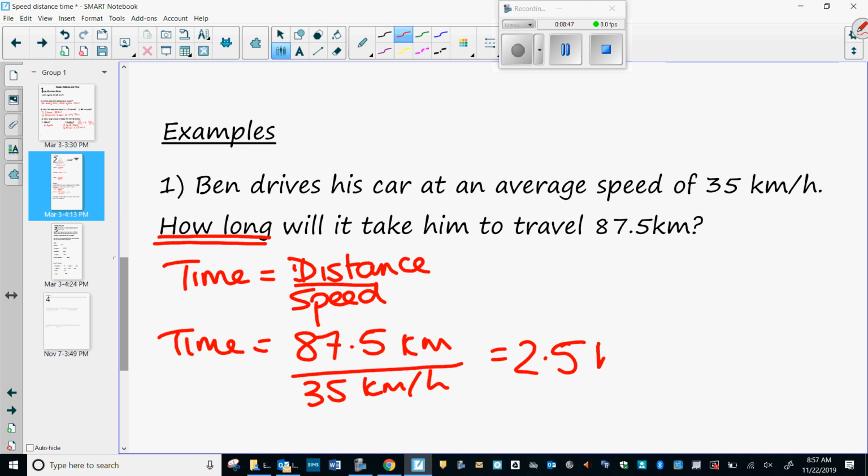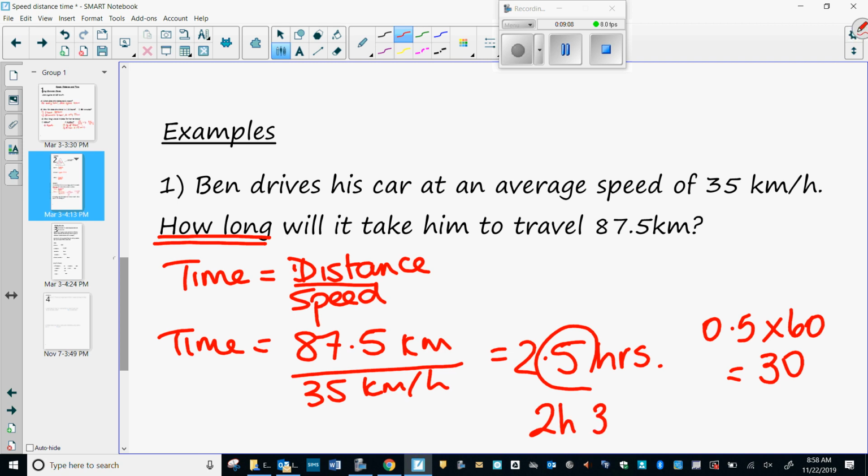So we said this is 2.5 hours, and we can leave it like that. They may ask us to say it in hours and minutes, and this is where we have to remember that 0.5 is half an hour. So we multiply 0.5 by 60, and we get 30. So this is 2 hours, 30 minutes.